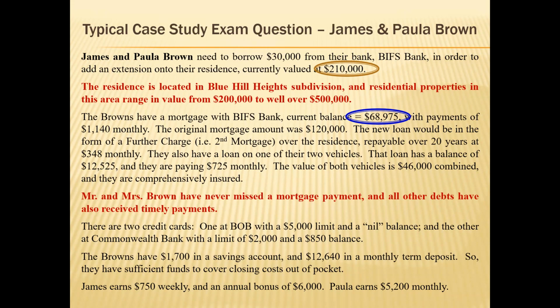It's 210 value currently as it stands with an outstanding balance on the loan of 68,975. Let me do the math real quick. So you're talking about the equity that they have in it. Yes, sir. The equity alone. Okay, great. I'll wait for you to do your calculations.